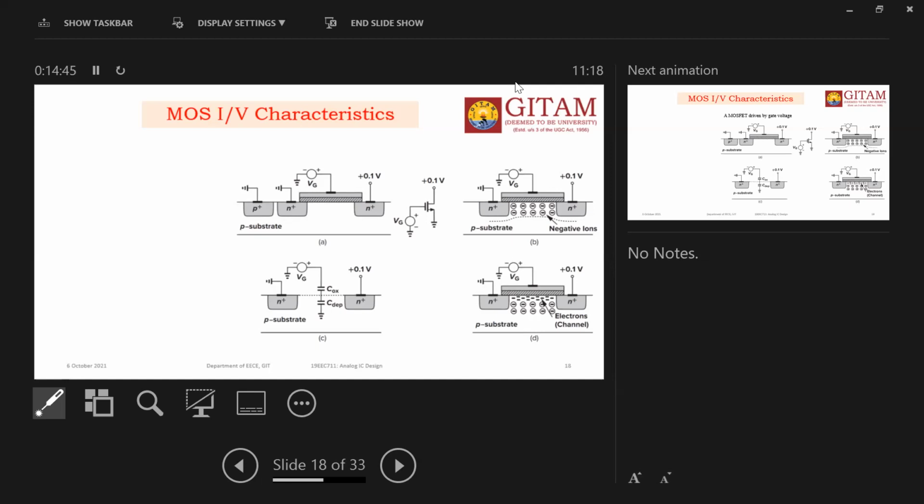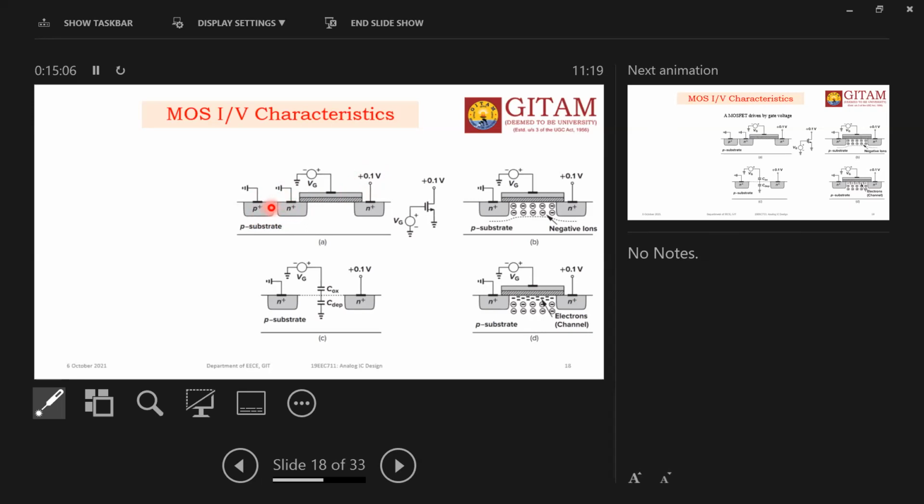If you take the first picture, what type of transistor is this? NMOS transistor. In this NMOS transistor, forget about the drain potential, make it 0. Source is 0 and body also 0. That means source and body are always tied together and grounded.